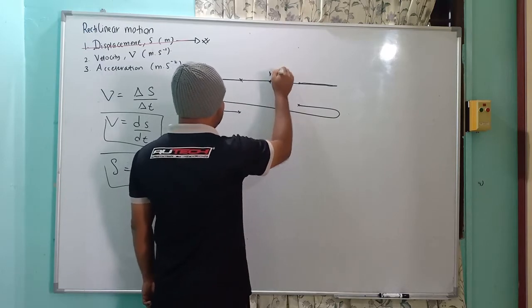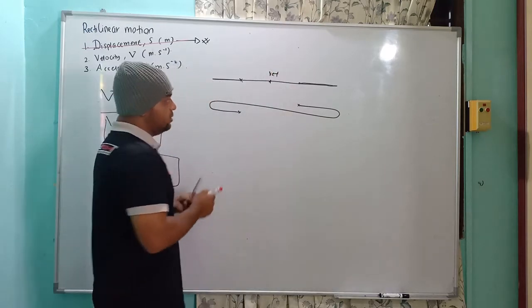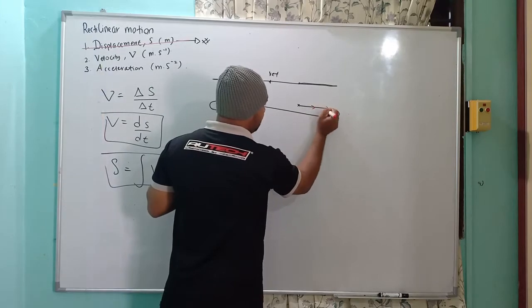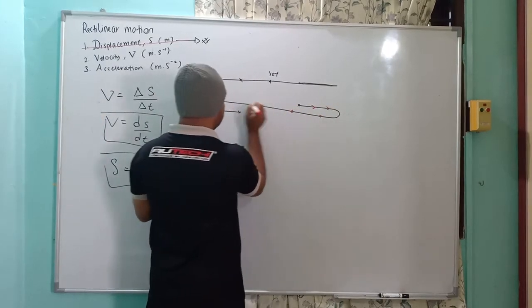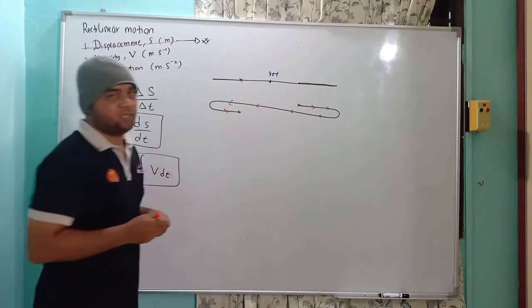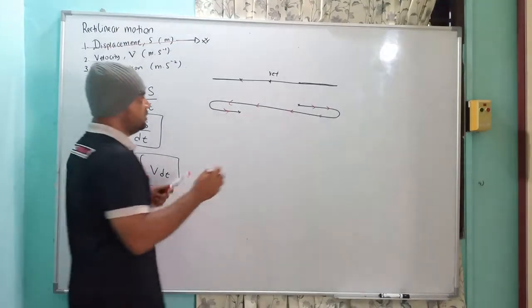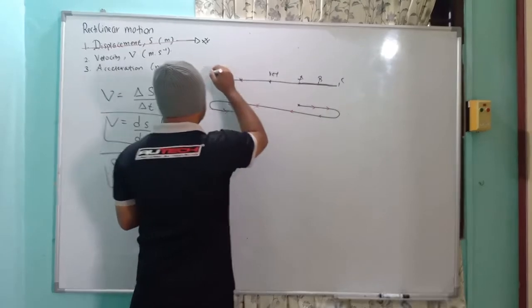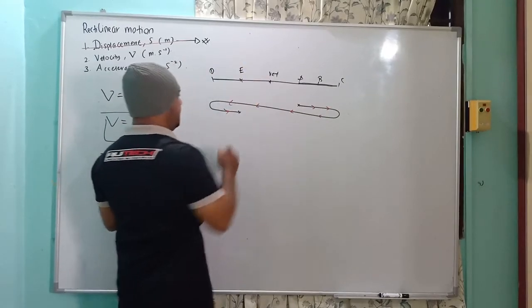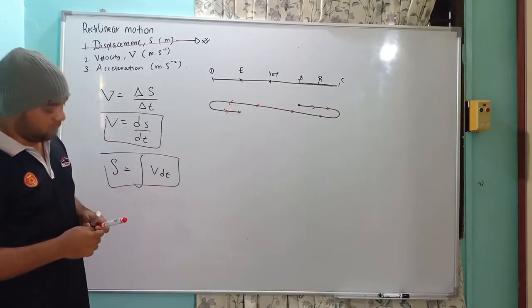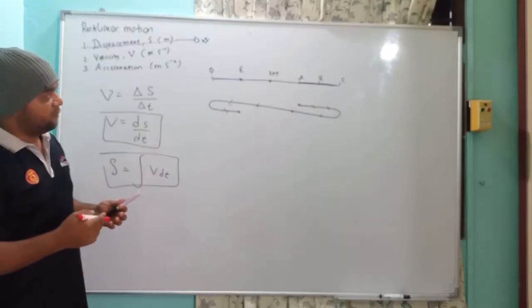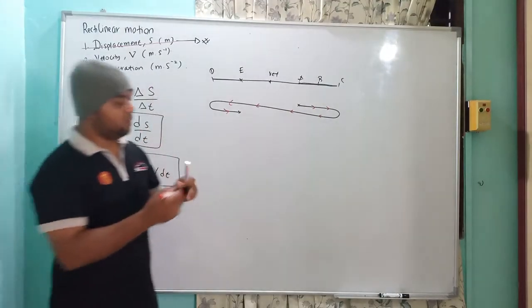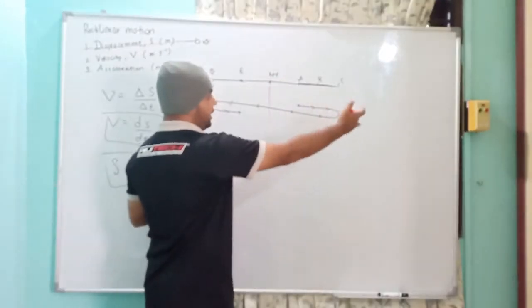This is the reference point. The component moves to the front, goes to the back, and turns that way. Let's say the positions are A, B, C, D, and E.